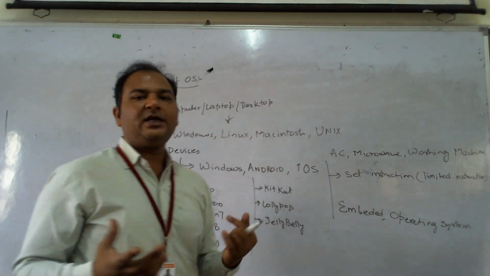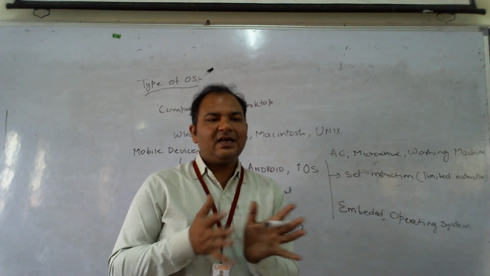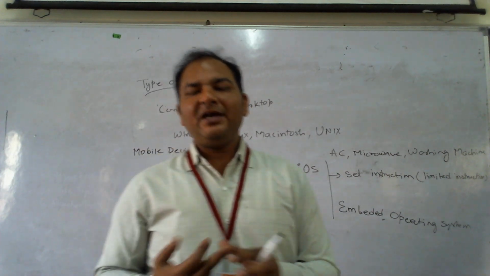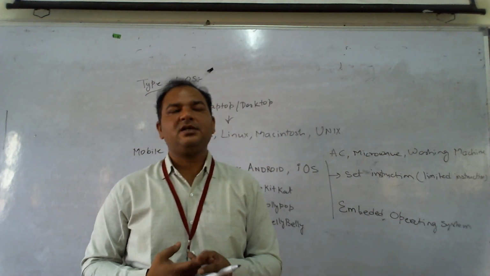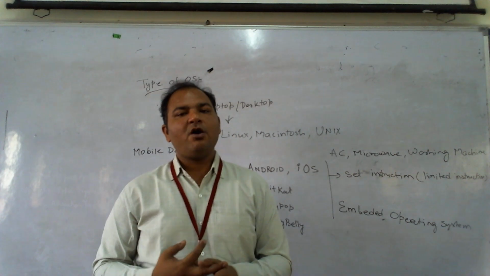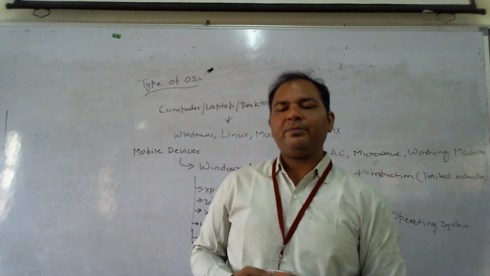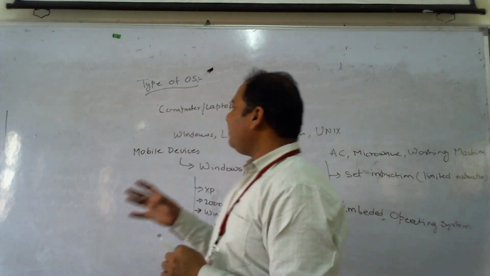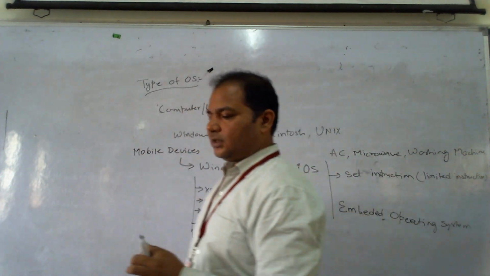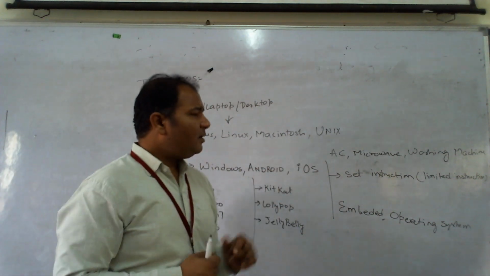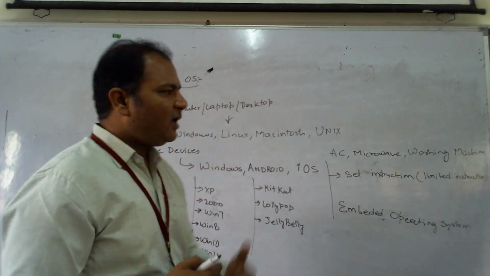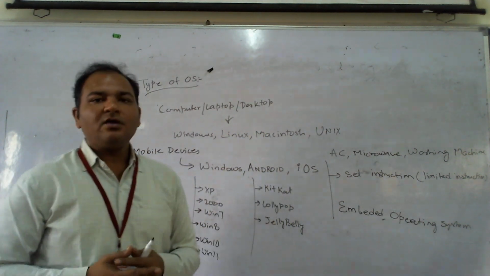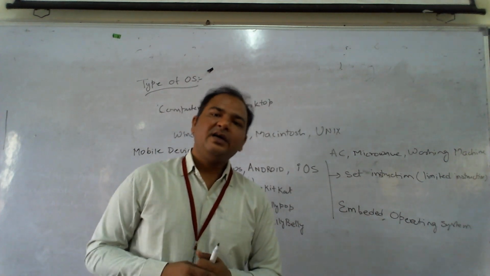According to the task, there are different types like batch operating system, multiprogramming, multitasking, real-time operating system, embedded system, distributed operating system, and network operating system. We will discuss it in the next video lecture, because it is not possible to cover all of these here, as the video would get very long.